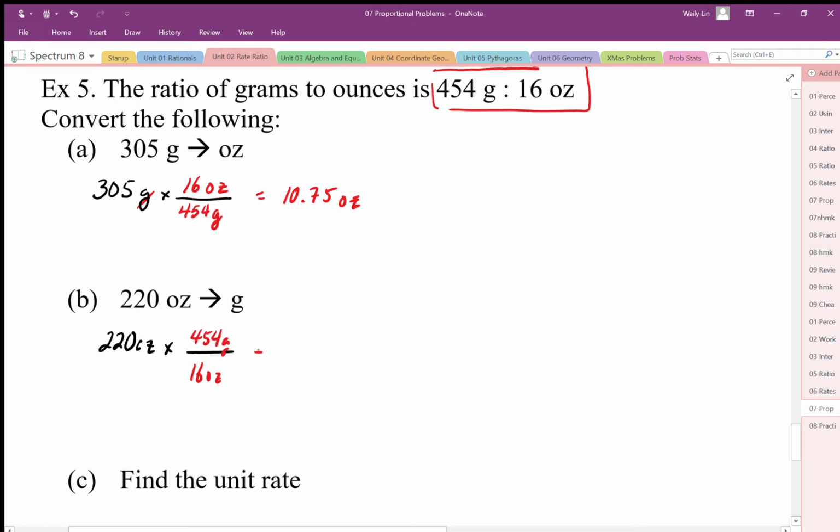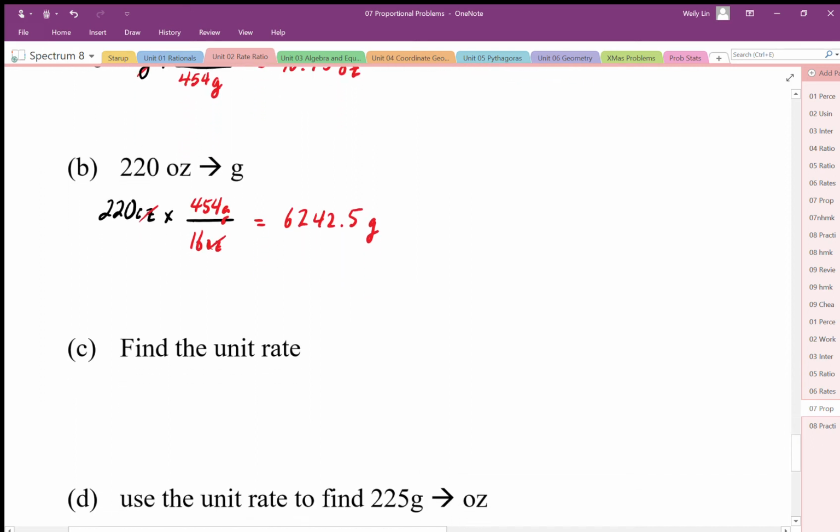Okay, and that's going to give me 220 times 454 divided by 16. And that's going to give me 6,242.5 grams. Okay, and I can see that my ounces cancel out. I'm left with my grams units.